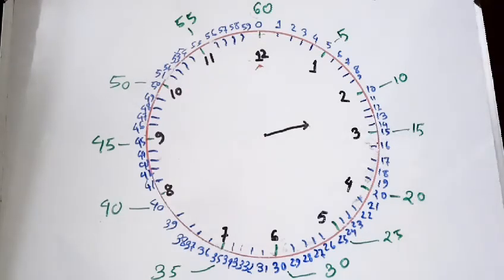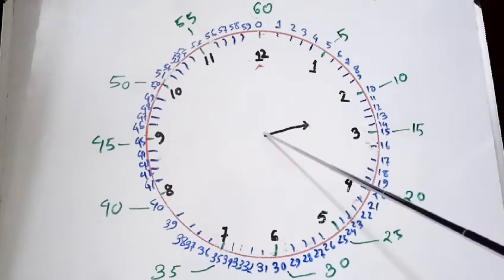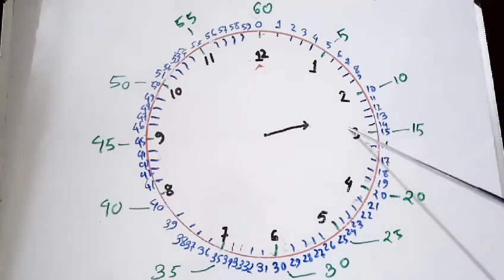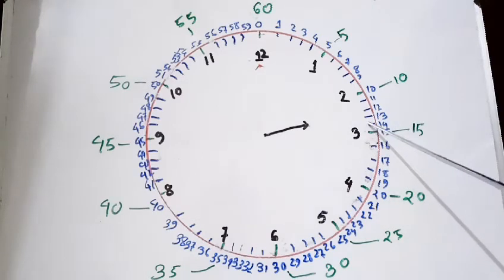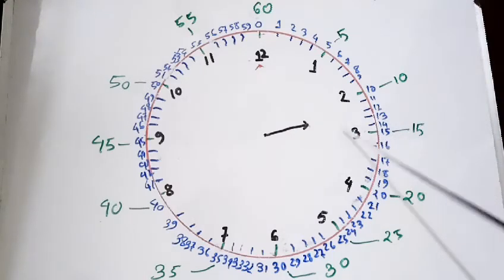In this case we will call this hour 2 hour until it points exactly at 3. Even if the hour hand is closest to 3, like this, pointing near this number, it will still be 2 hour until it passes 3.